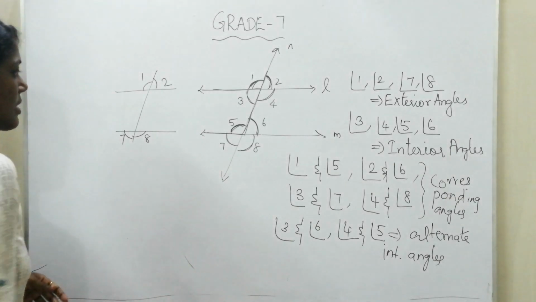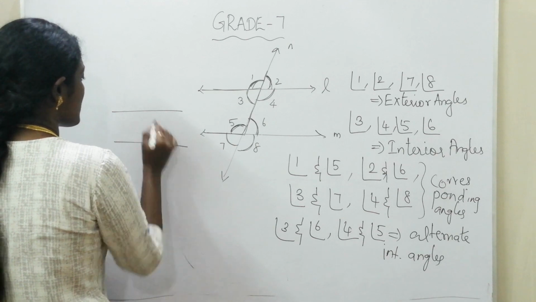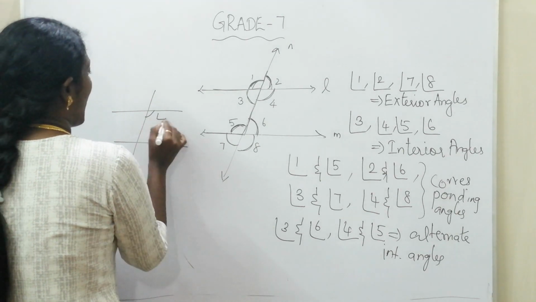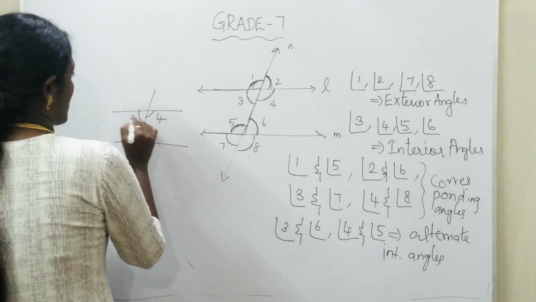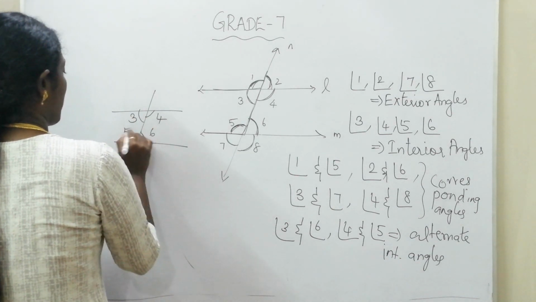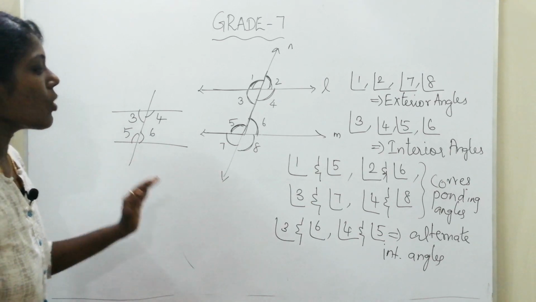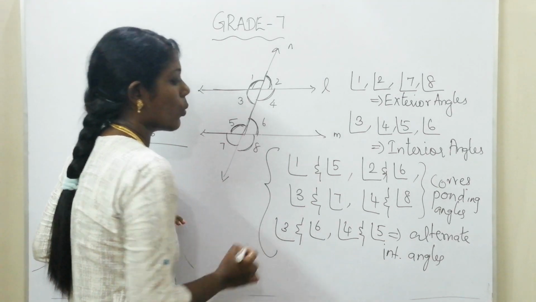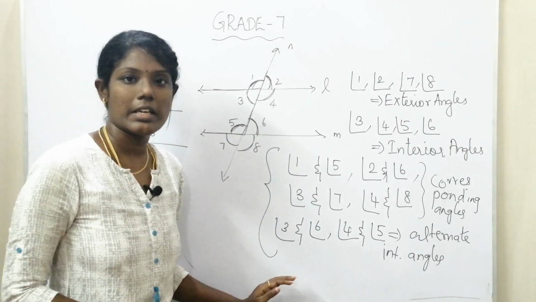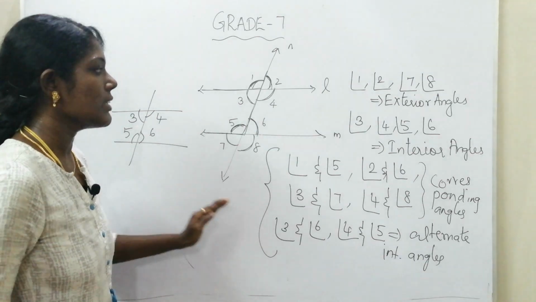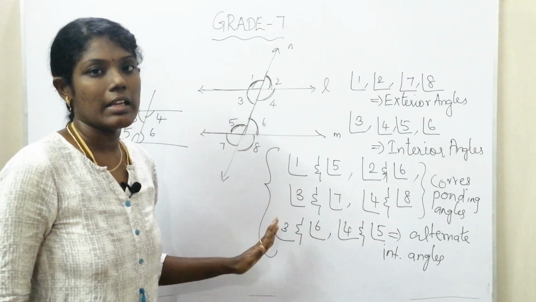We have one more type of angle on the same side of the transversal. Angles 4 and 6 are interior angles on the same side of the transversal. Angles 3 and 5 are interior angles on the same side of the transversal. Basically, the important angles are the corresponding angles and alternate angles. These are all the angles we are going to learn in transversal and parallel lines.